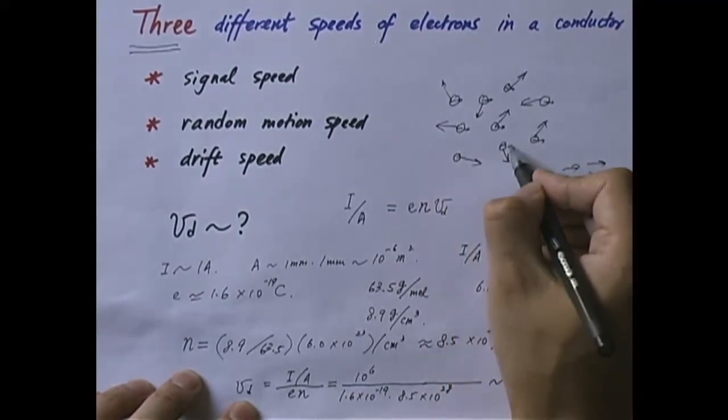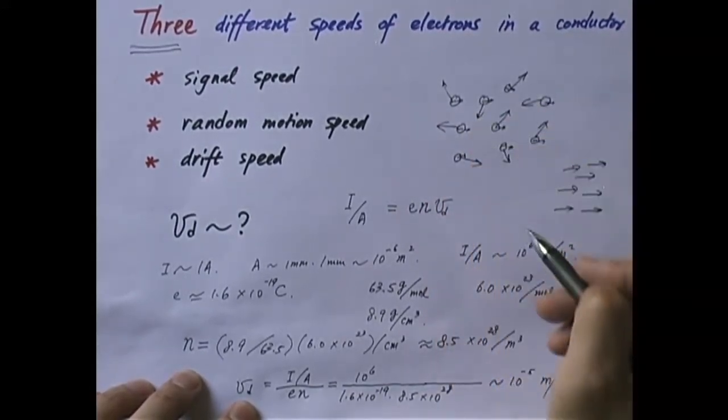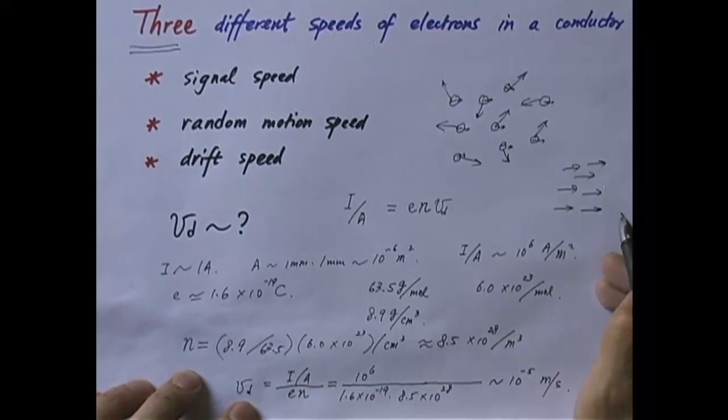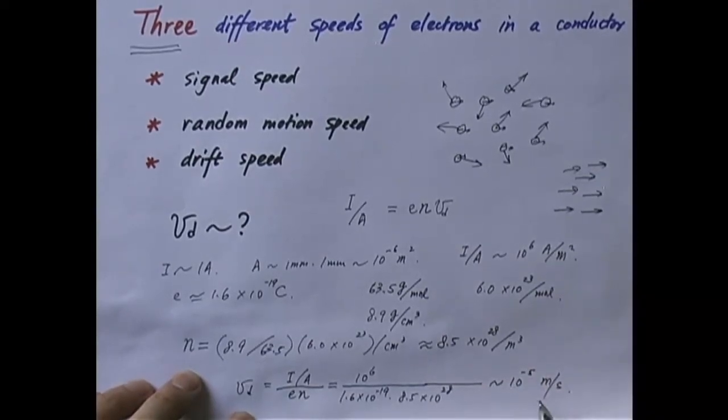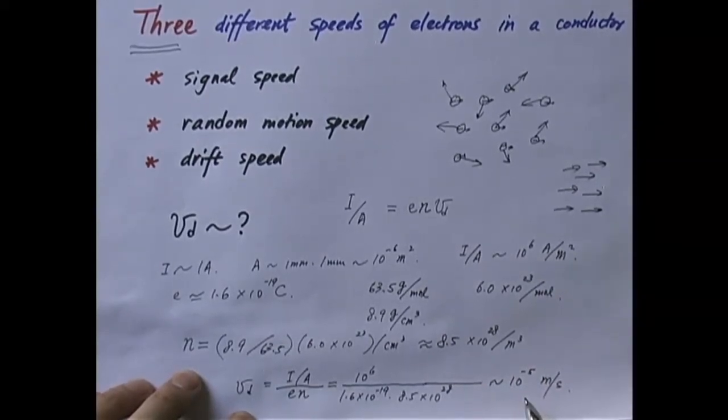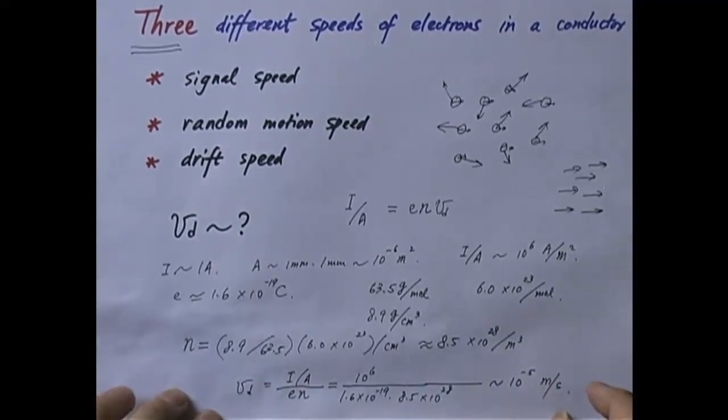Even though this velocity is tiny, they do not cancel out among these electrons because they are in the same direction, unlike the random motion velocity, which is in every possible direction. And it is such a very slow velocity that is actually responsible for the macroscopic current that we can measure. Here is a myth that a lot of people may have had in mind: that in order to form a large current, the electrons have to move very fast.